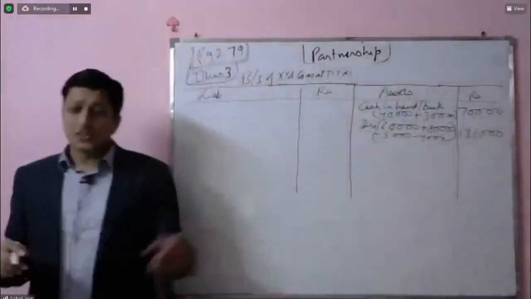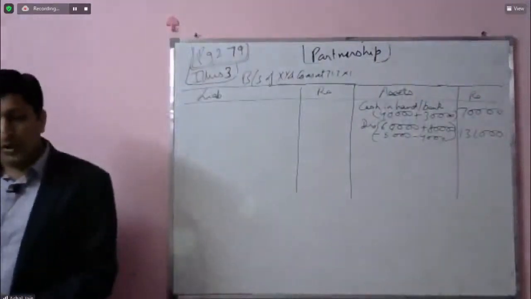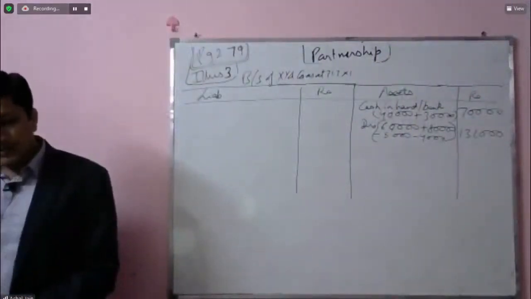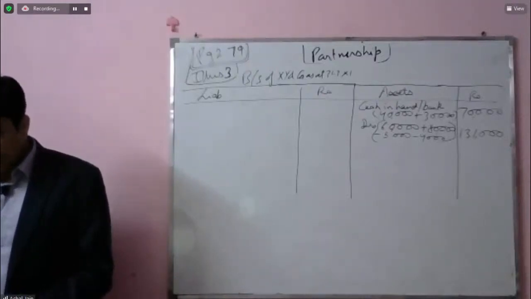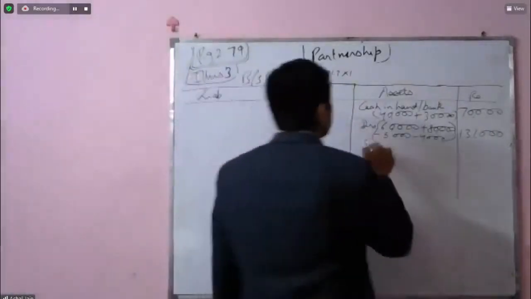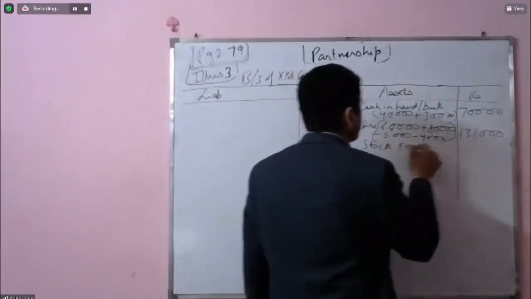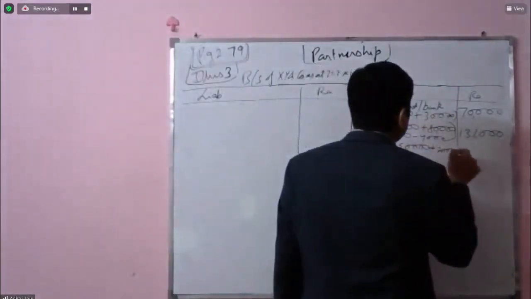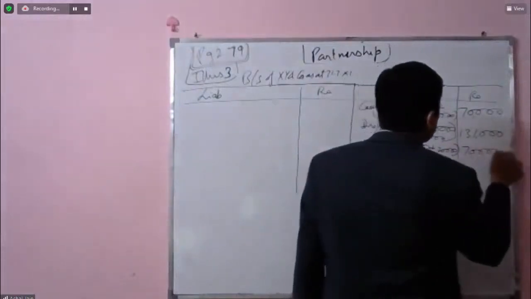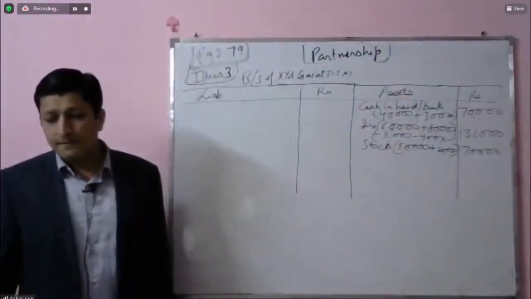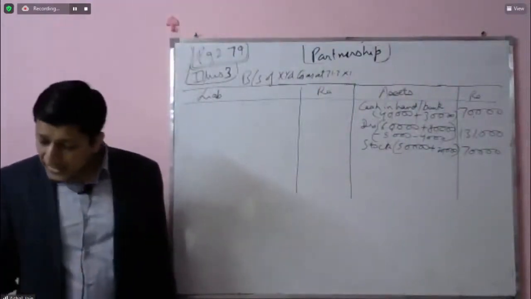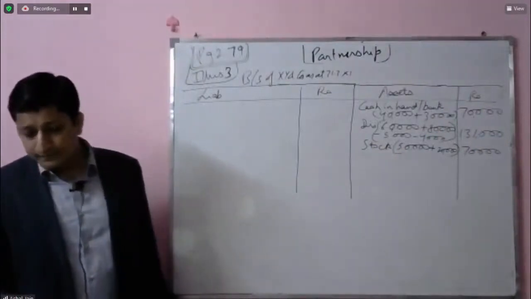I'm just using the old balance sheet and putting down this one. Then stock. This was 50,000 and 20,000, so this is 70,000. Then we have the next item, vehicles.